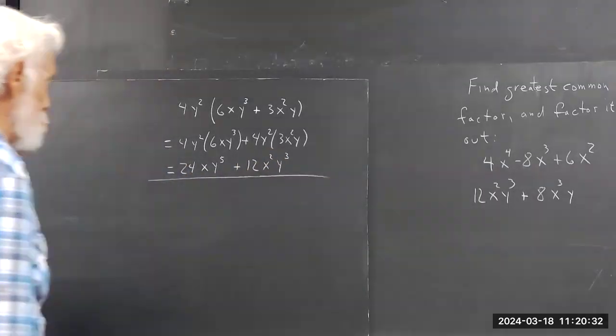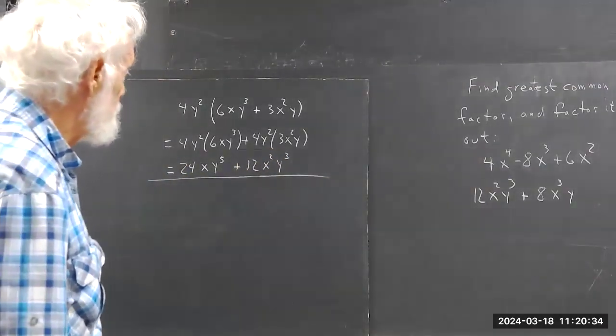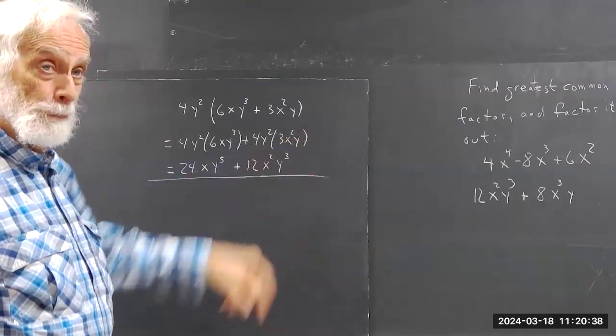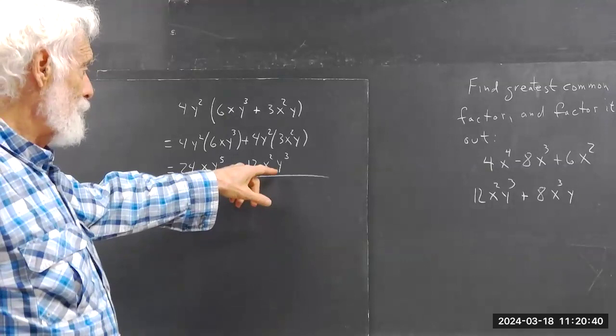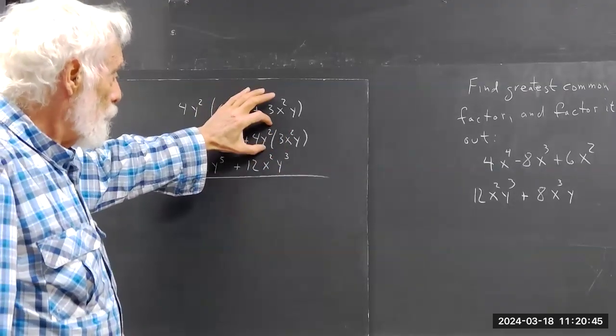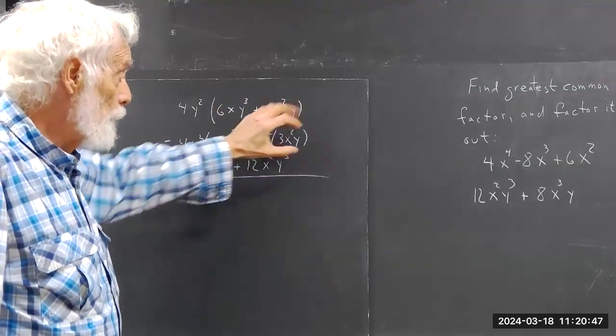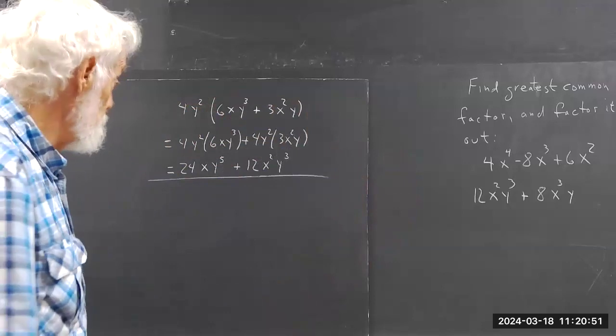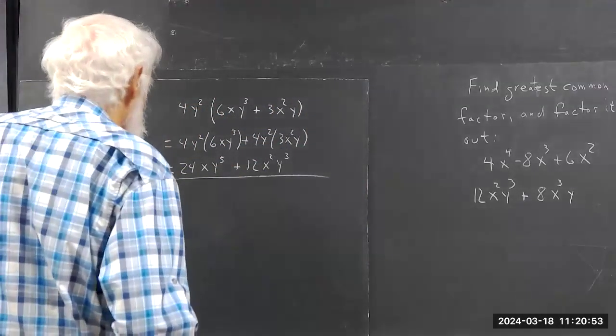And I think everybody pretty much got that. It's kind of easy to overlook the fact that you have a y to the first power here. And I think somebody wrote a y squared there. Clearly you've got a y times y here and another y here. That's going to be a y times a y times a y, which is a y cubed. Okay.